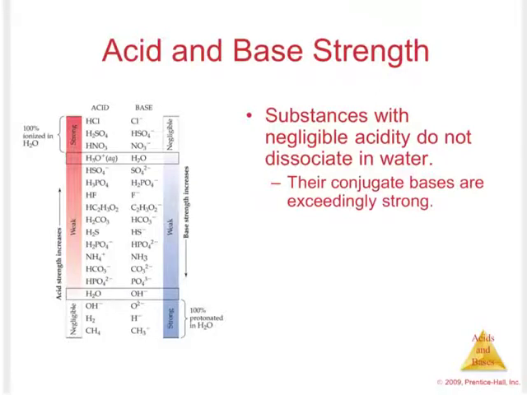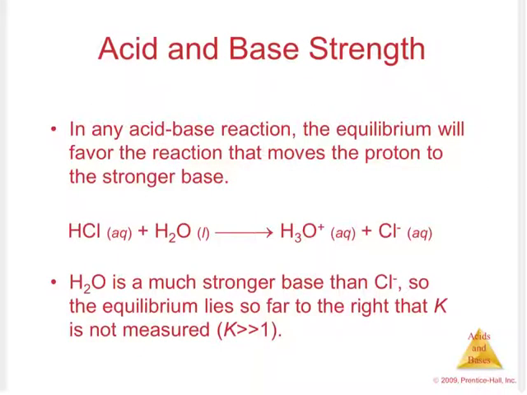There are some substances that contain hydrogen that do not dissociate in water, and so they have very negligible acidity as such. Their conjugate bases are going to be very, very strong. In acid-base reactions, the equilibrium is always going to favor the reaction that's going to move the proton towards the stronger base.